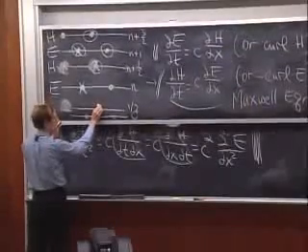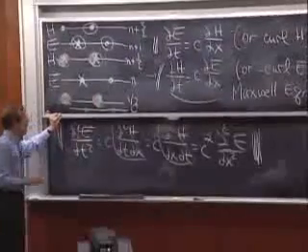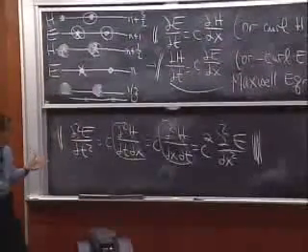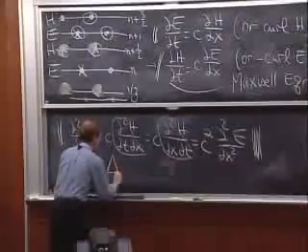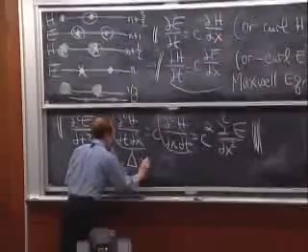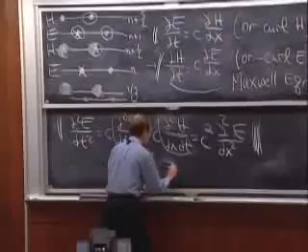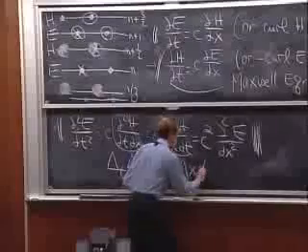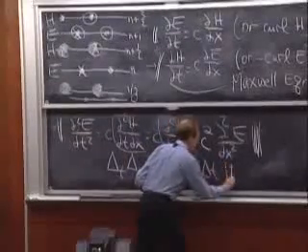Is that right? Yeah. Let me just say what I believe. I believe that the time difference of the space difference of h at mesh points is equal to the space difference of the time difference of h at the same mesh points.